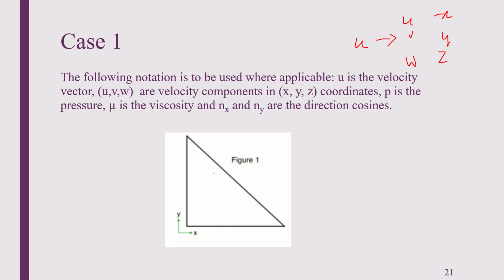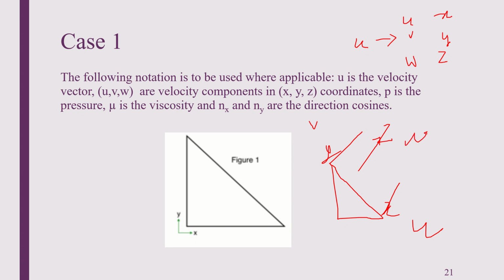So first we need to see how the flow domain is. So this is the flow domain that is given. This is the y direction and this is the x direction. So the duct would be like this. Here the flow is in the z direction, with u, v and w.